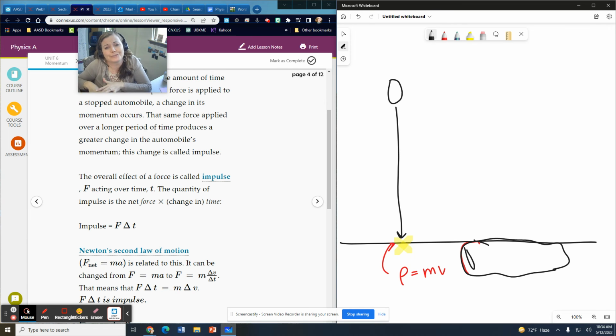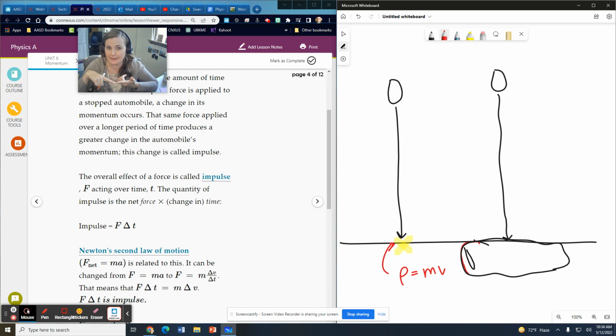It's like embedded into the floor so it's nice and soft and cushy. And I'm going to drop the egg from the same height. And instead of hitting a hard floor, it's going to hit a pillow instead. It still has the same momentum, same mass, same velocity, but it doesn't break.